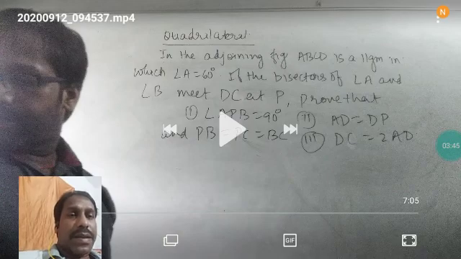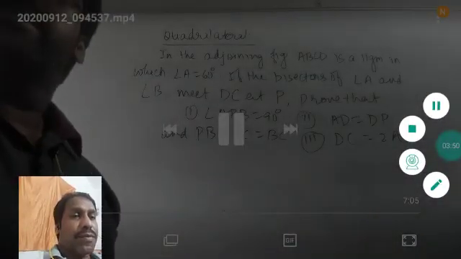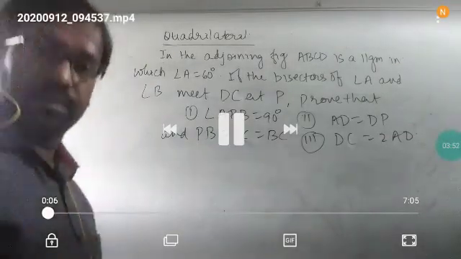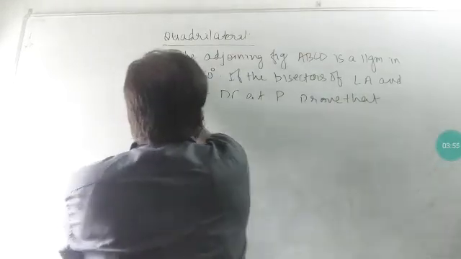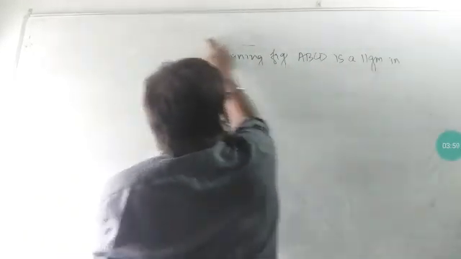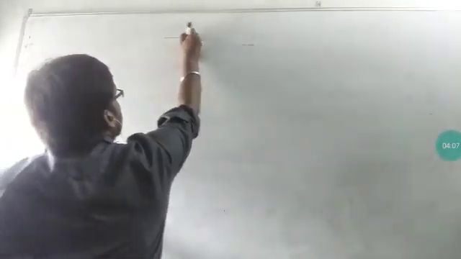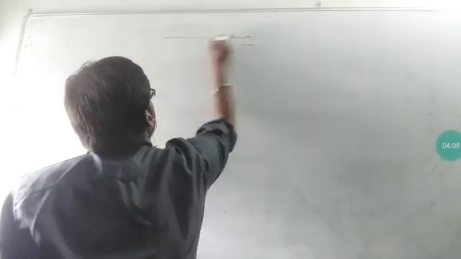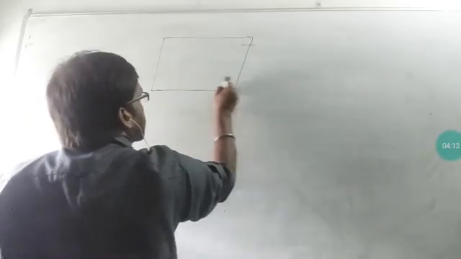So let us start. Question is given. First of all, I would like to draw the figure of this question. It is a figure of a parallelogram. So one parallelogram will be drawn, ABCD. Okay, this is one parallelogram.